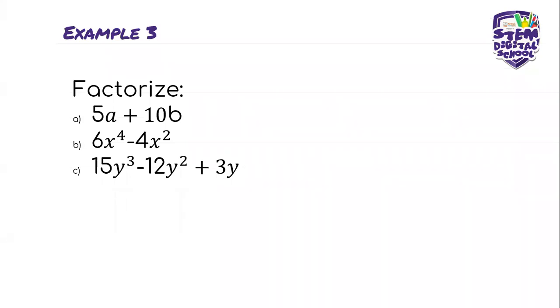The first one being 5a plus 10b. So we are looking at the factors, and we want to factorize 5a plus 10b. Morning to you as well, Umkabetze. We are now factorizing the 5a plus 10b, and then we are proceeding.